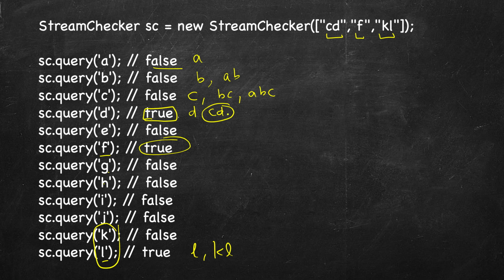So how can we do that? One straightforward thought would be that we should store this in a trie or a prefix tree. But here you see that if we store CD, then F, and K, L in a trie, we are not searching like LK, it's KL, so it's fixed.